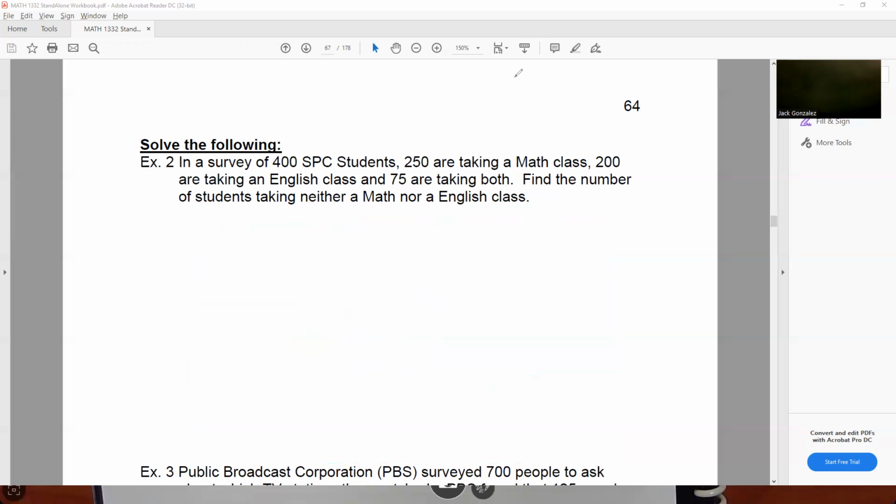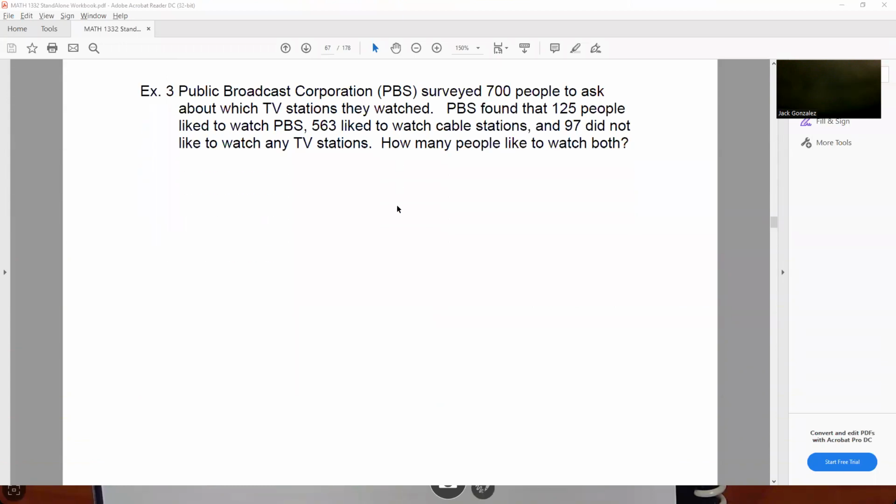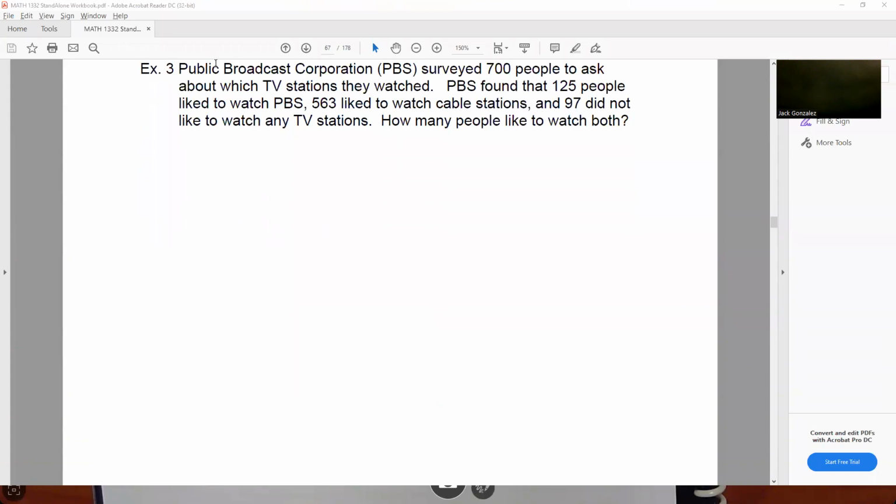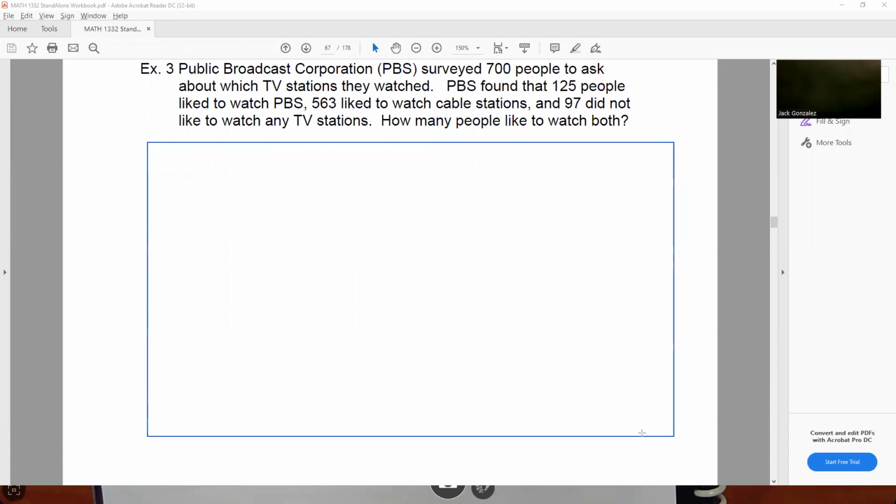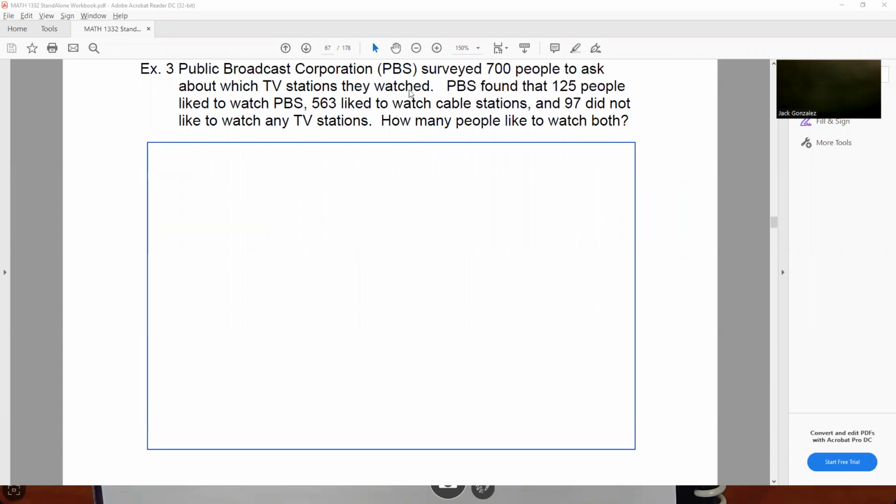Let's do another one. Example 3. It looks like they surveyed 700 people to ask which TV station they watched. PBS found that 125. So how many stations are they talking about? We can figure out how many circles.